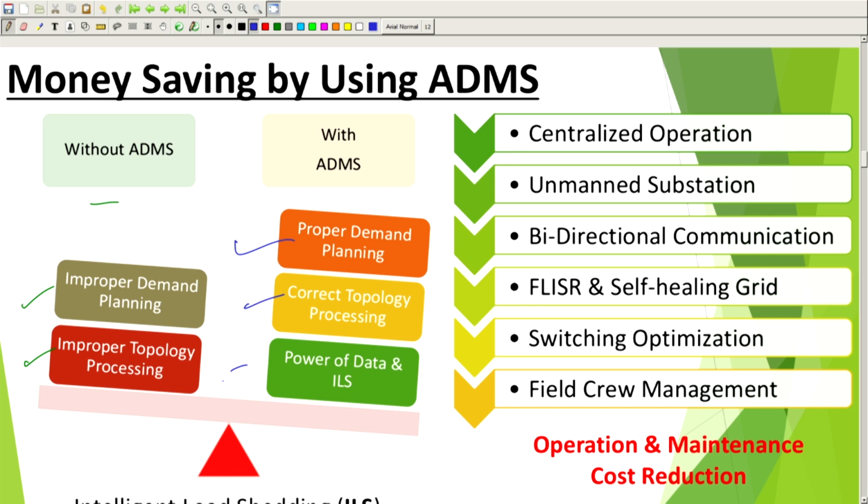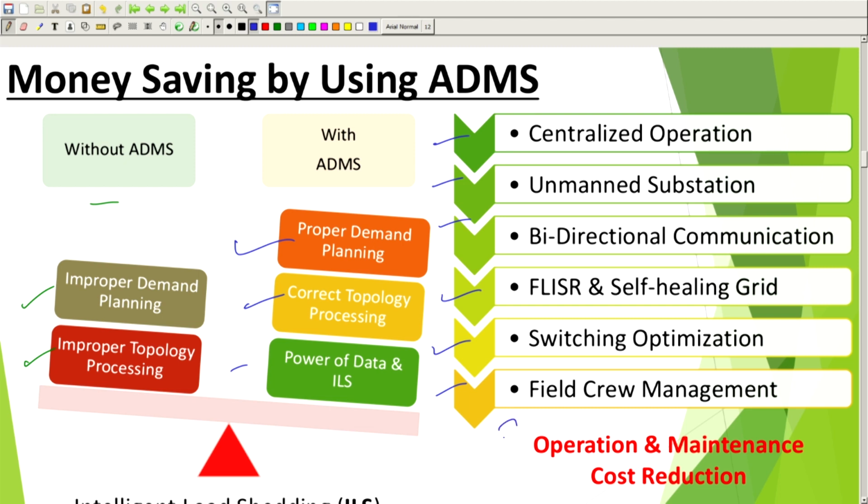So, as you can see here, centralized operation, unmanned substation, bidirectional communication, fault location isolation and service restoration, and self healing of the grid. If there is a fault, can the grid itself heal the problem that the grid is facing at that point of time? And switching optimization, field crew management, all these are very effectively being taken care of.